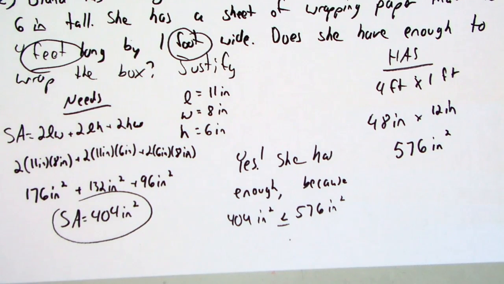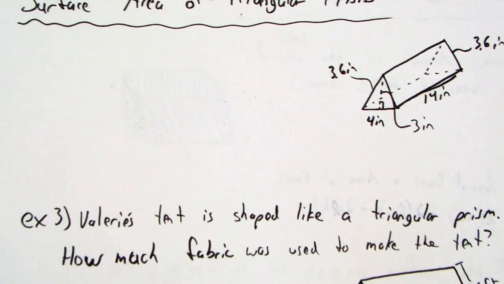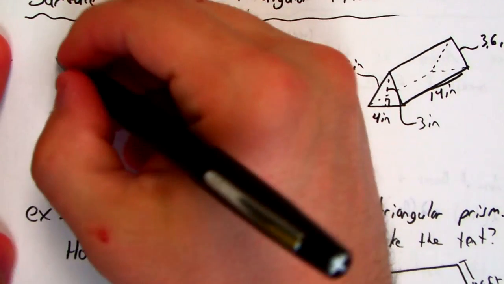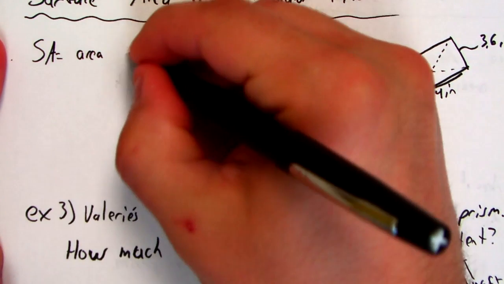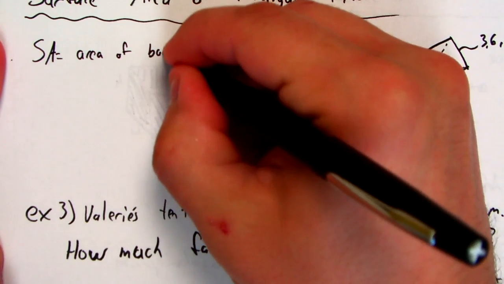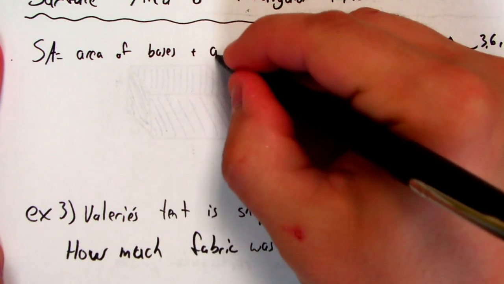Now, if we have triangular prisms, same thing. The surface area is going to be the area of the bases plus the area of the faces.